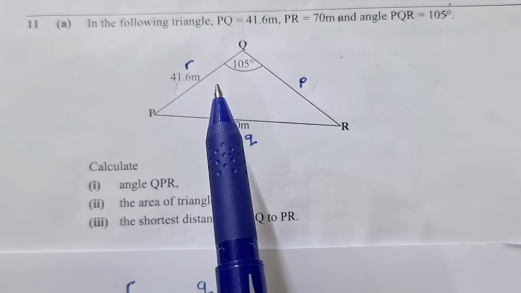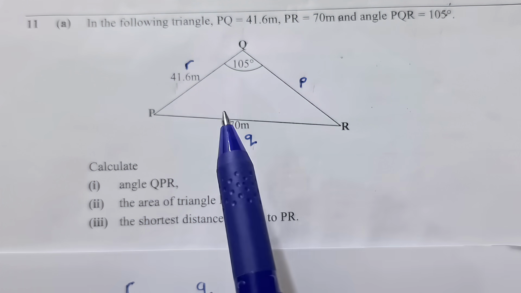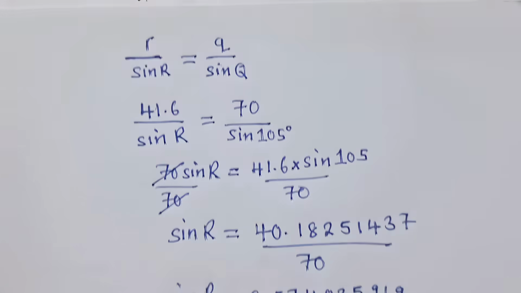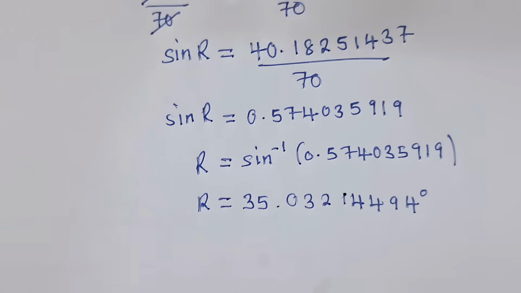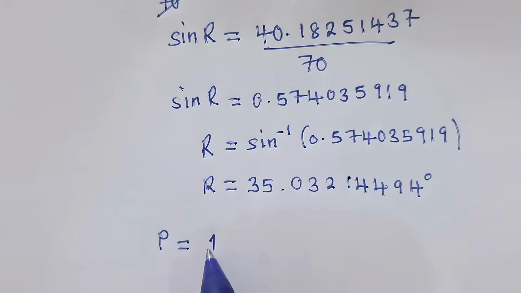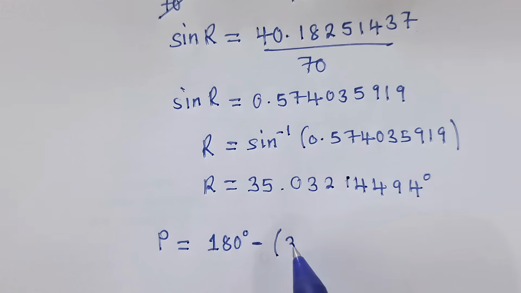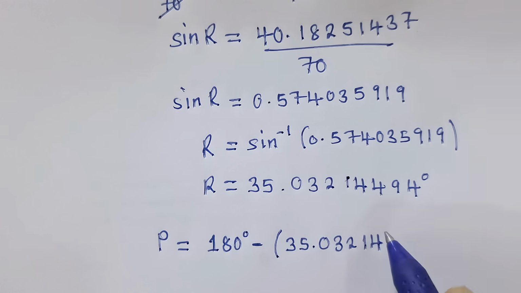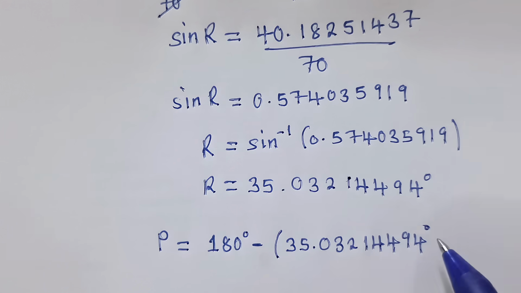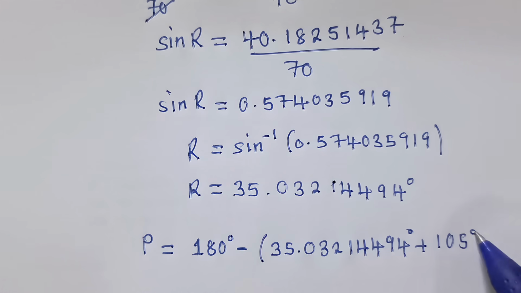What are we going to do? We're going to use the property of a triangle where we add this angle plus this angle and we subtract their sum from 180. So we shall say the angle at P to be found. So angle P to be found, we say 180 degrees, property of a triangle, minus open bracket 35.032144494 degrees plus 105 degrees.